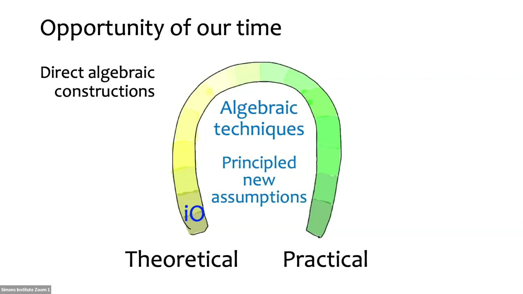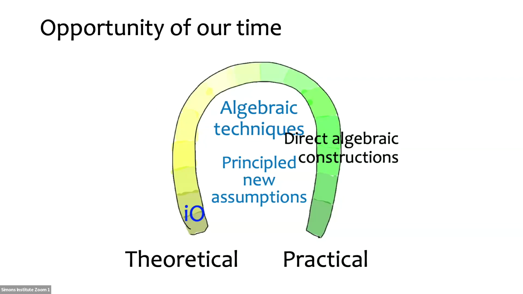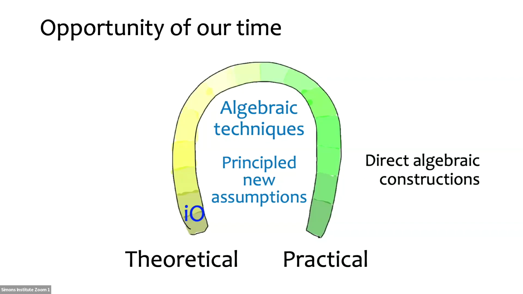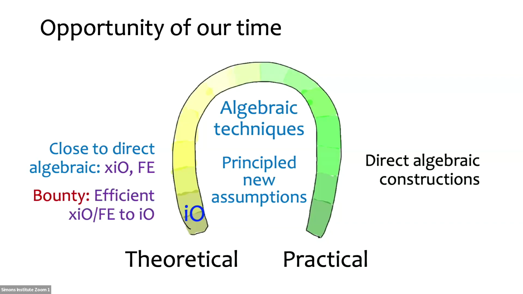If today I have a direct algebraic construction which avoids recursion and reductions over reductions, it's much faster and more hopeful to bring it to the practical side. And for what is close to direct algebraic, we have candidates for XIO, not yet FE, but potentially in the future. We need more things, in particular, a big bounty on more efficient ways of transforming XIO and FE to IO.